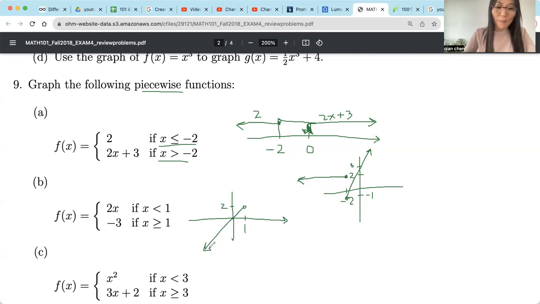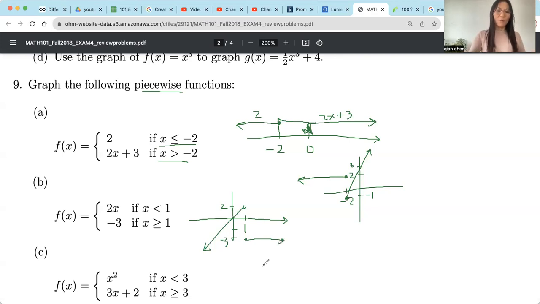2x. If x is greater than or equal to 1, that is a constant function -3. Well, let's see, this is -2, -3 is here. If it's greater than or equal to 1, that means a solid dot. -3, constant function, horizontal line.